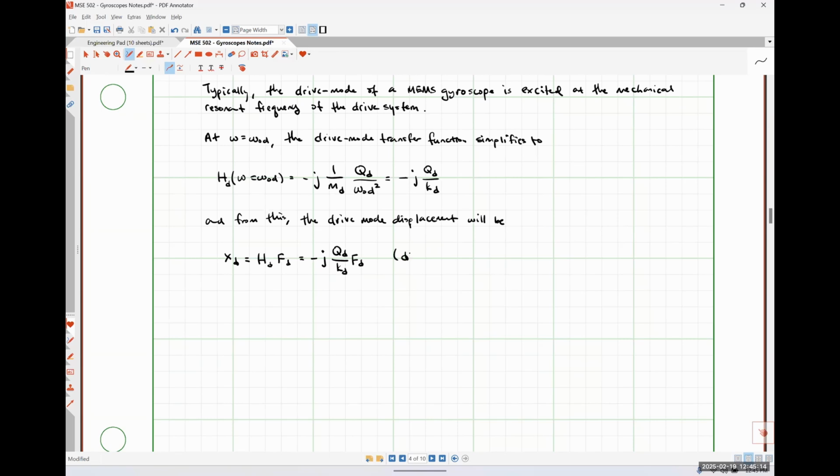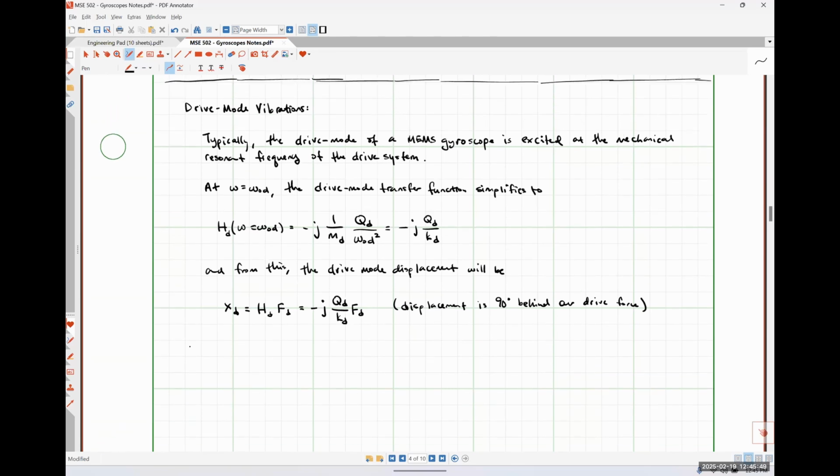So essentially our displacement is 90 degrees behind our drive force. Okay. So the force that we apply probably through capacitive actuation will be 90 degrees out of phase with the displacement that we are seeing. Okay.